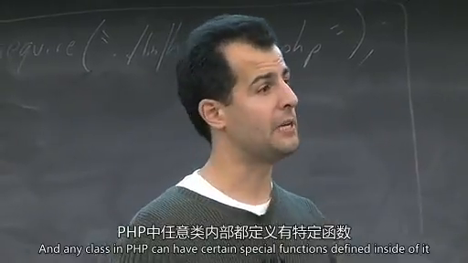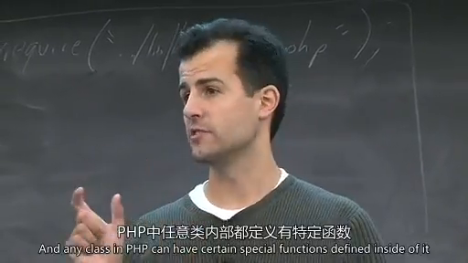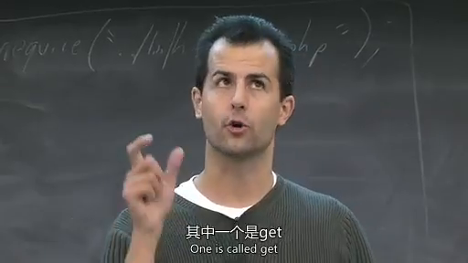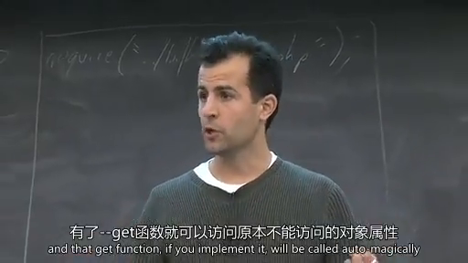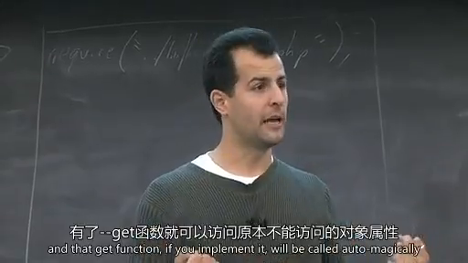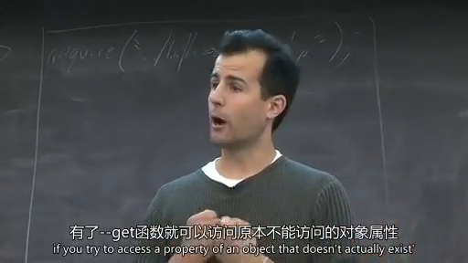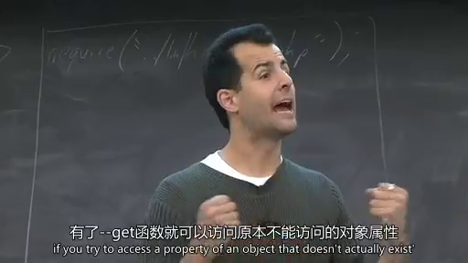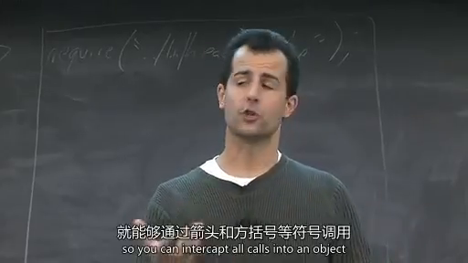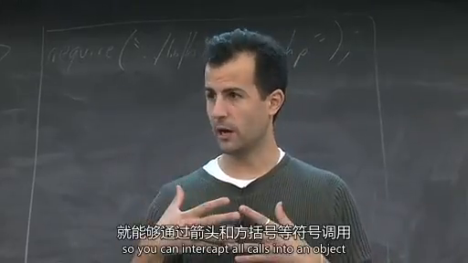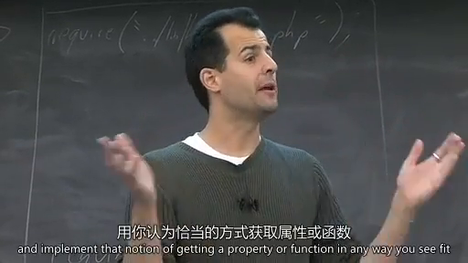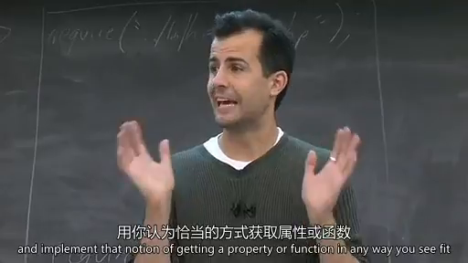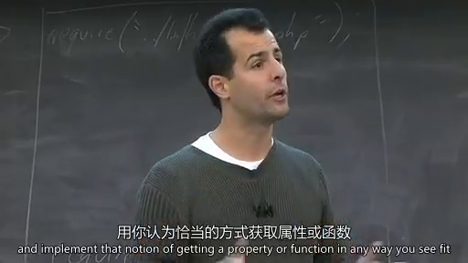And any class in PHP can have certain special functions defined inside of it. One is called __get. And that get function, if you implement it, will be called automatically if you try to access a property of an object that doesn't actually exist. So you can intercept all calls into an object using this arrow notation or even the square bracket notation, and then implement that notion of getting a property or function in any way you see fit.